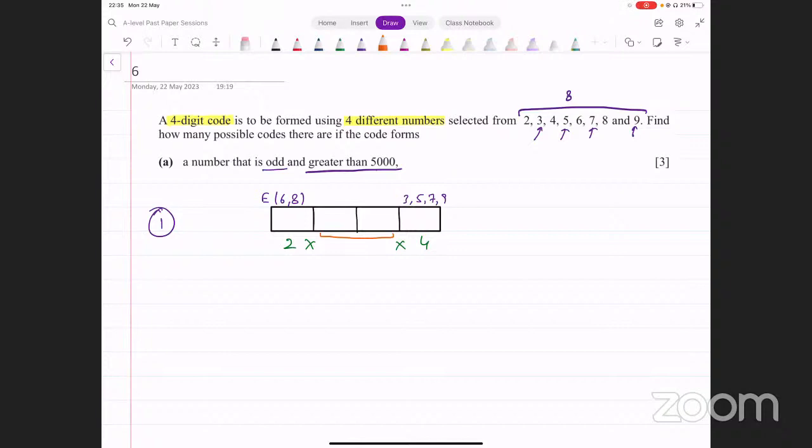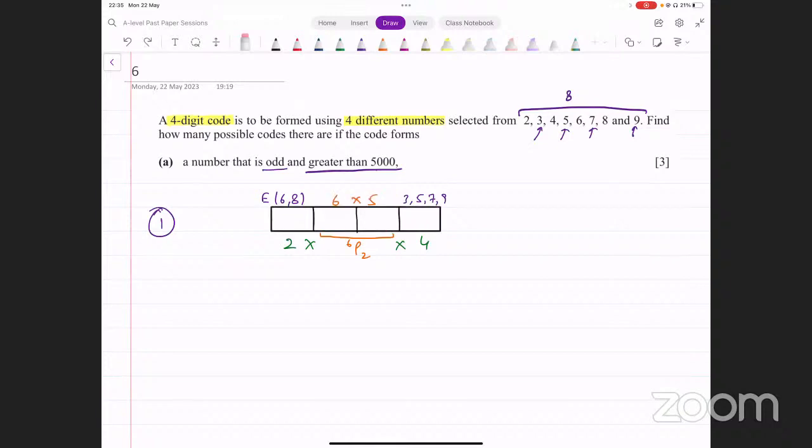In how many ways can we have 2 numbers arranged out of 6 numbers in these 2 places? 6 में से 2 numbers को arrange करना है. That is 6P2. आप ये भी कह सकते हैं कि इसको 6 ways में कर सकते हैं, इसको 5 ways में कर सकते हैं. Because पहला नंबर 6 आया, 6 possible ways होंगे, फिर 5 ways होंगे. That's the same thing as 6P2. दोनों एक ही चीज है. 6P2 कर लें या 6 into 5 कर लें दरमियान वाले के अंदर.